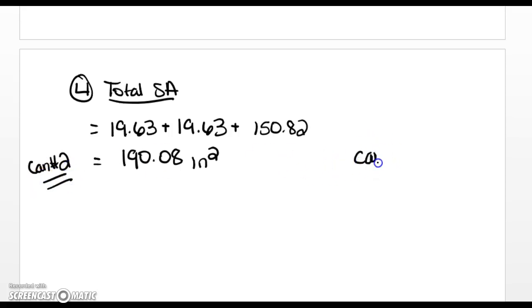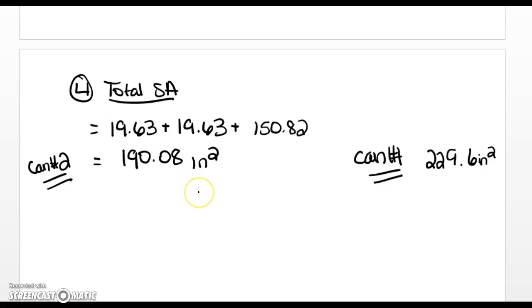And if we go back and look at can number 1, that one had a total surface area of 229.6 inches squared. So going back to that question, they want to know which can we should use to use less material. Well, can number 2 is going to give you the exact same volume, but uses less material.